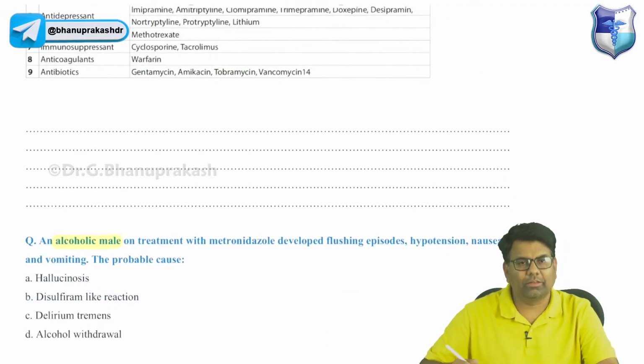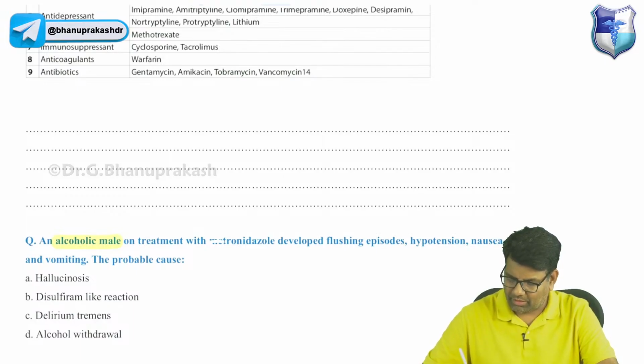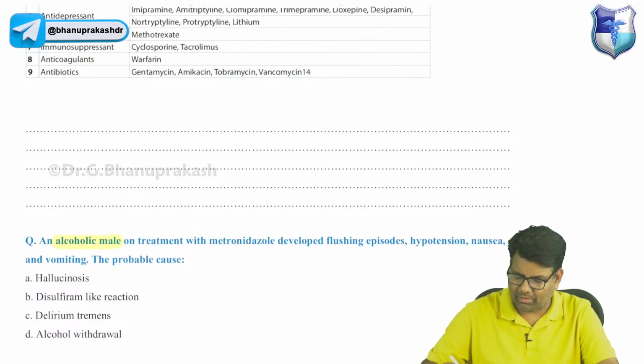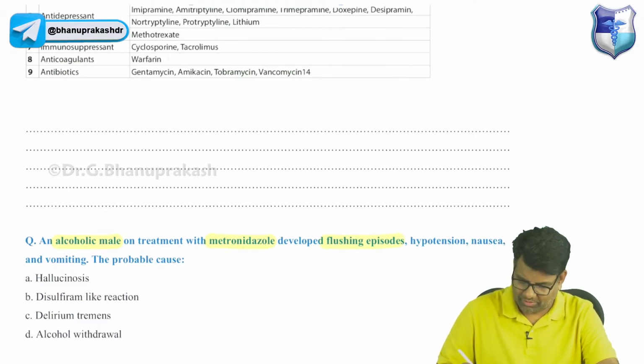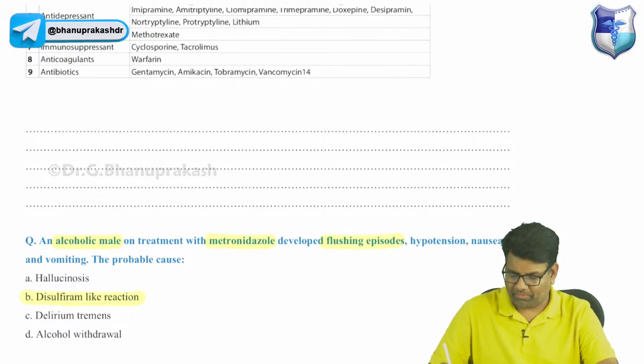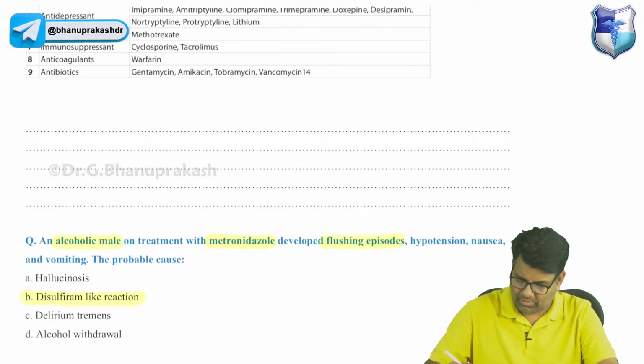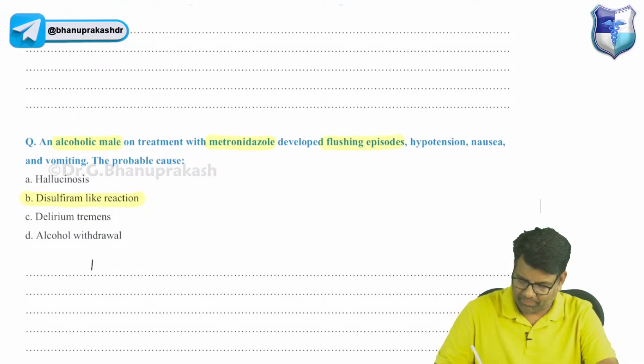The alcoholic male patient, he is taking metronidazole and now developed flushing episode. What is this? Very good. So this is disulfiram reaction. Now, what actually is this drug disulfiram? Any idea?